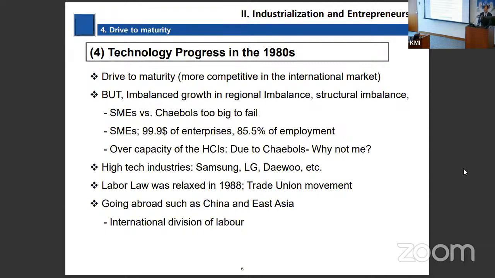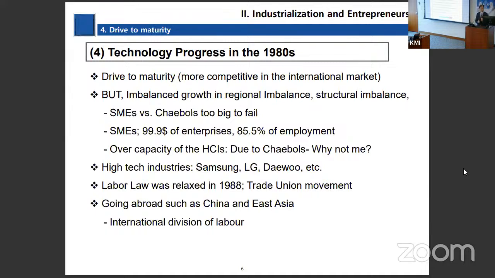But there are so many other stories. Later on, we had the too-big-to-fail theory, but it was not working because Daewoo collapsed. And after the Seoul Olympic Games in 1988, the government brought much more freedom to the trade union movement, because before that we had suppressed it. We were not allowed to form trade unions, but now it is all free.